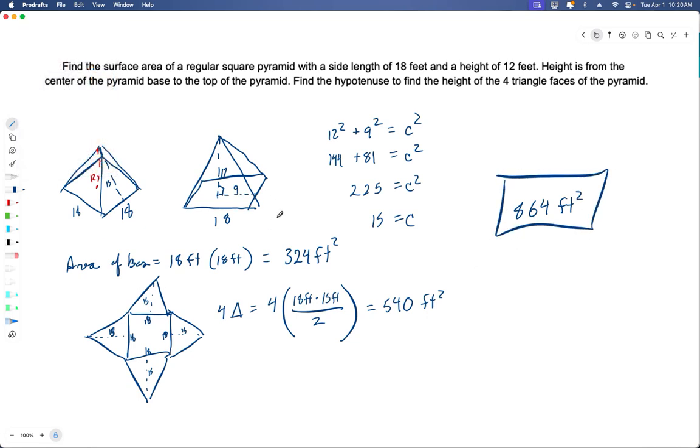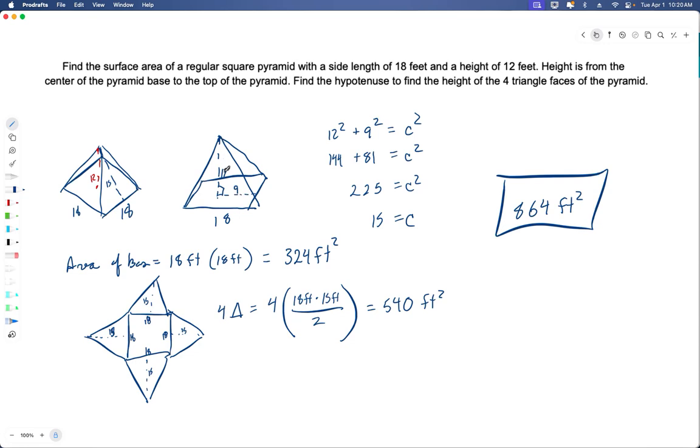Okay, so when you don't have the face of the pyramid, you take the height and you take half of the side length. Think of it like the diameter of a circle, turning it into a radius. You're cutting it in half because it's centered over the base of the square, so it comes to the middle.